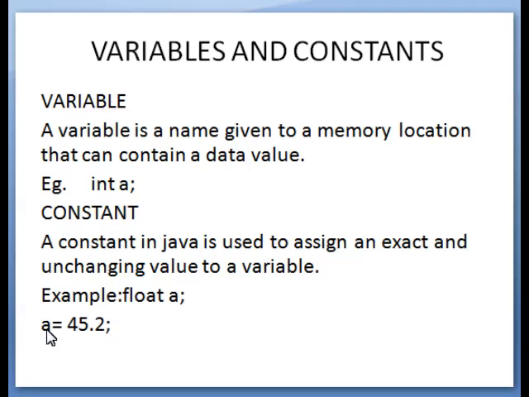So a equal to 45.2. This means in the whole program we are using the value of a as 45.2. We cannot change the value of a in the entire program. The value is fixed. But if you write int a, while running the program you are able to give any integer value, but here the value is fixed, so it is called a constant.